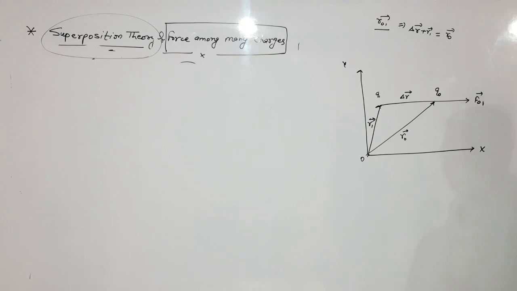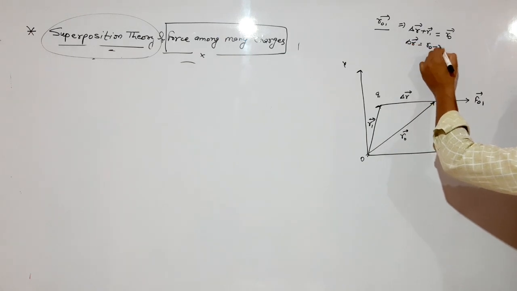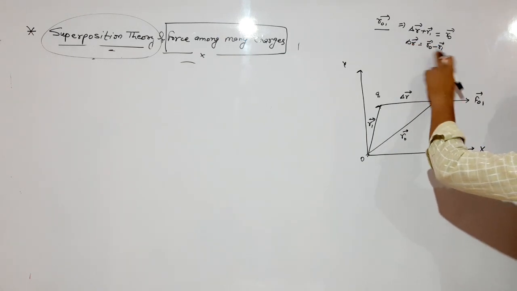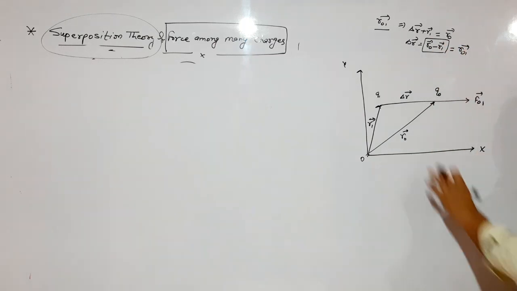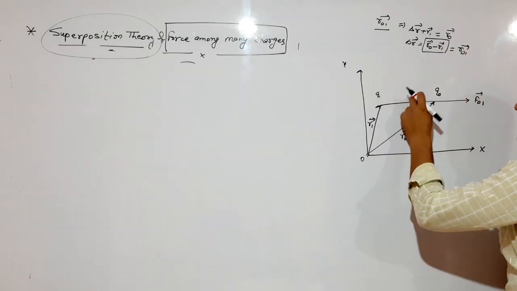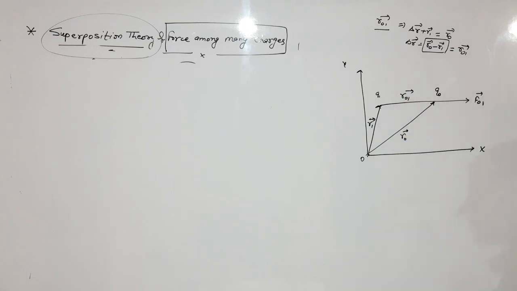So delta r vector is equal to r0 minus r1 vector. We can represent it by r01, so we use r01 vector here. Clear?